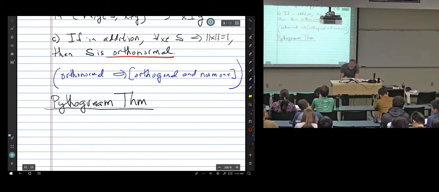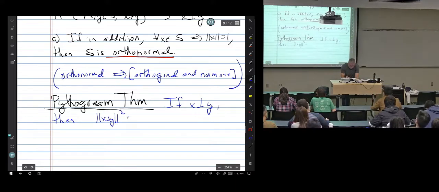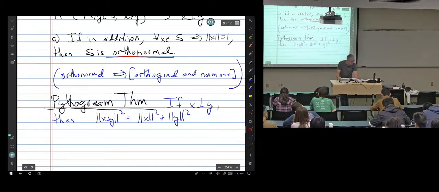Okay, so here's the equivalent in an inner product space. If X is orthogonal to Y, then the norm of X plus Y squared equals the norm of X squared plus the norm of Y squared.